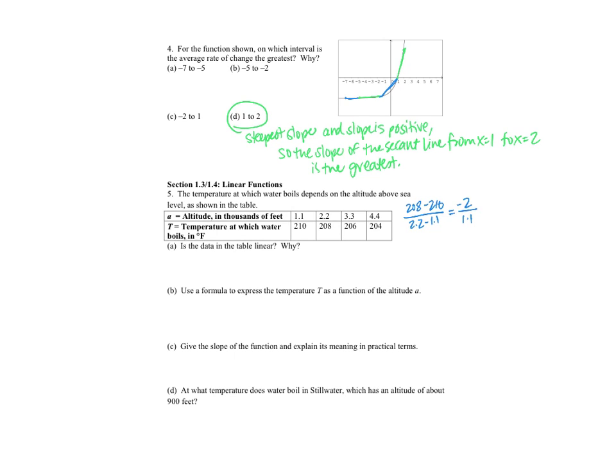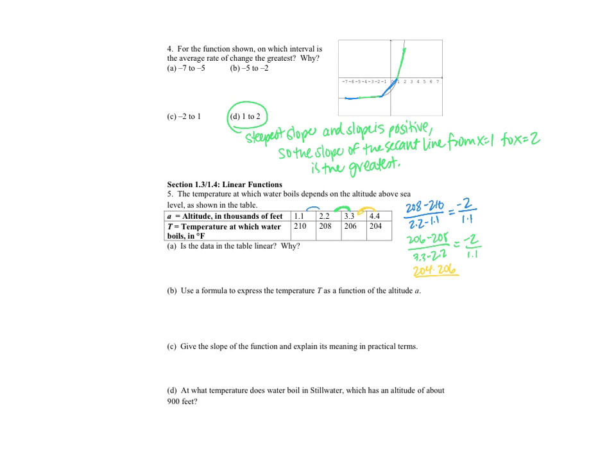If I compute the next interval, maybe I'll do that in a different color so you can kind of see what I'm doing here. If I compute that one, I can do 206 minus 208 over 3.3 minus 2.2, and I get negative 2 over 1.1. And then if I do this one, I get 204 minus 206.